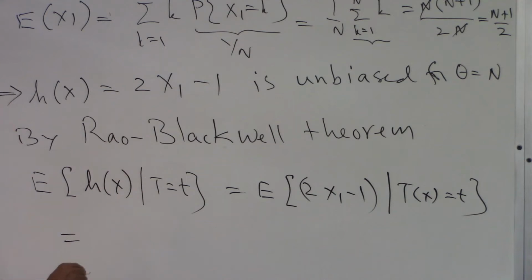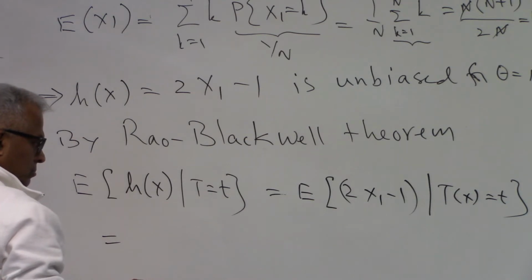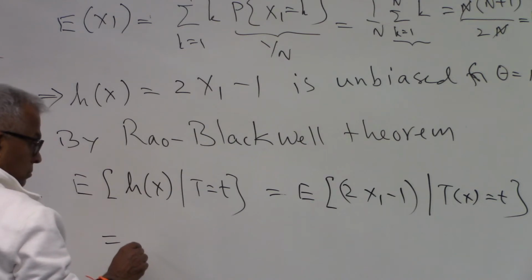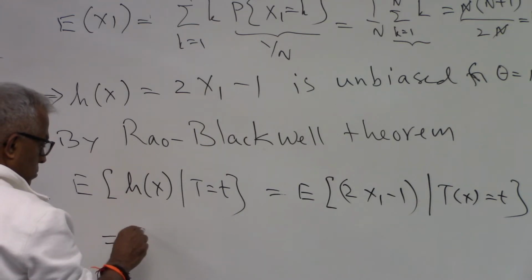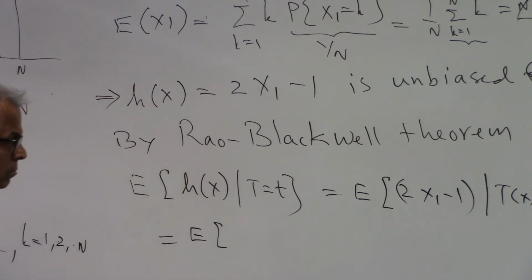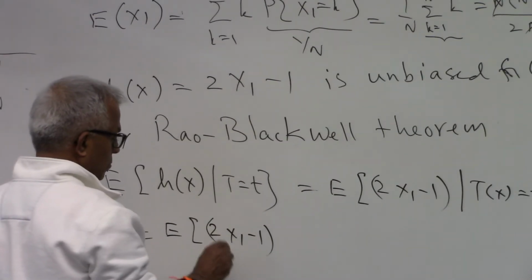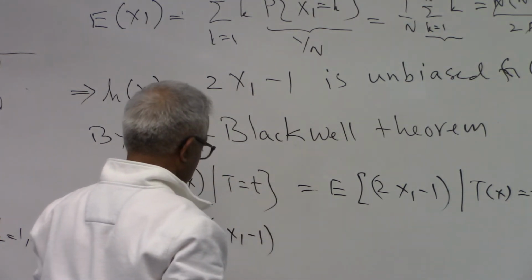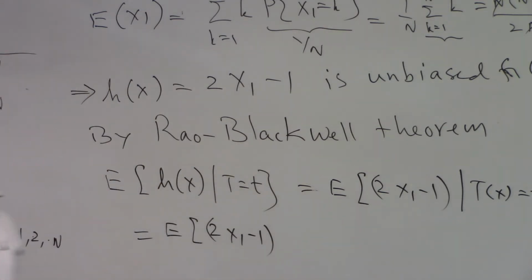So that's 2 times the expected value of, did I write it correctly? The expected value of t, okay.